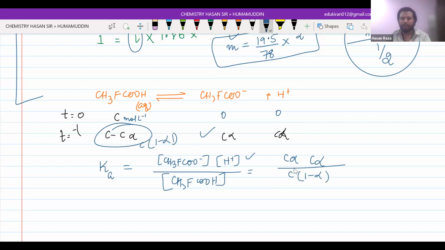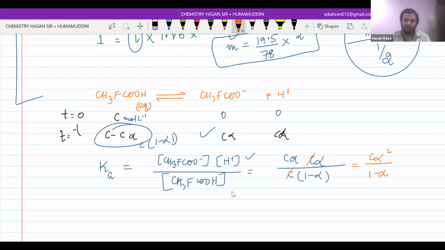One of the C will be cancelled, and here you will be getting C alpha square upon 1 minus alpha.